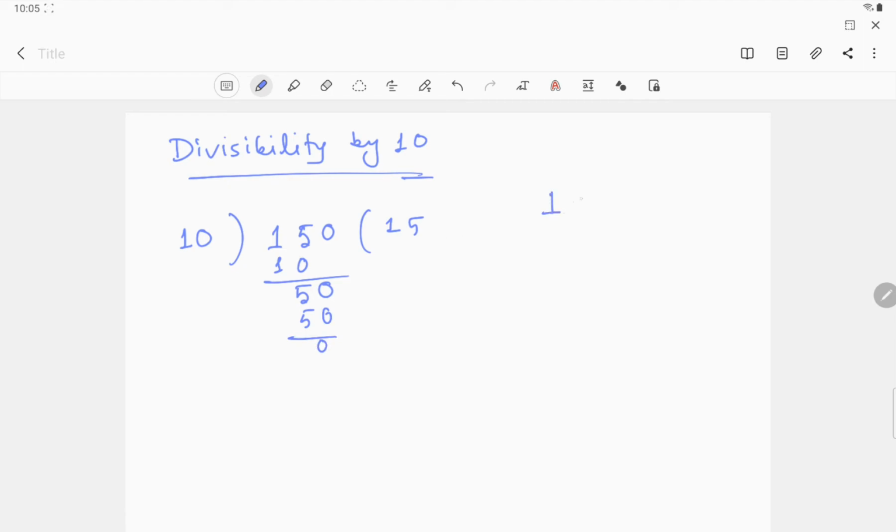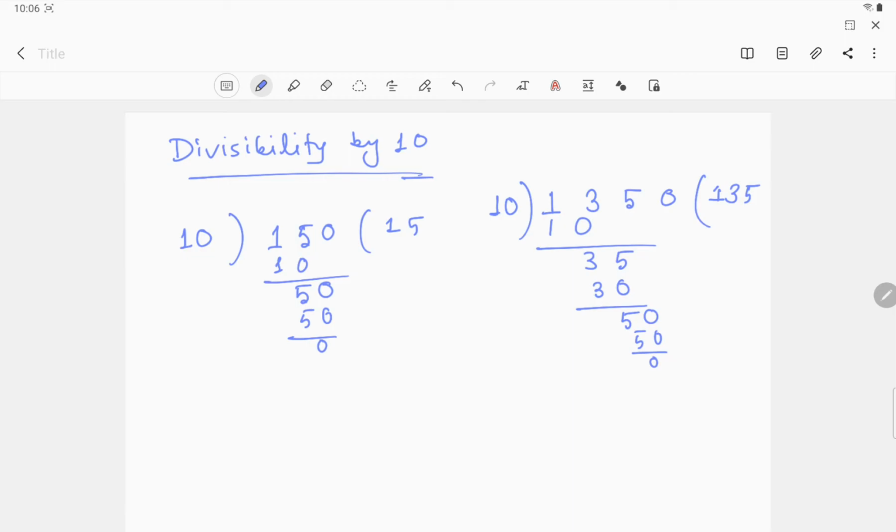If I take 1350 and divide by 10, 10 ones are 10, it's 3, bring down 5, 3 tens are 30, so you will get 5 and bring down 0, 5 tens are 50, so the remainder is 0. So in every case you can check it is divisible by 10.